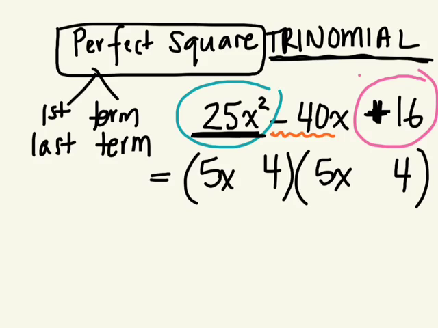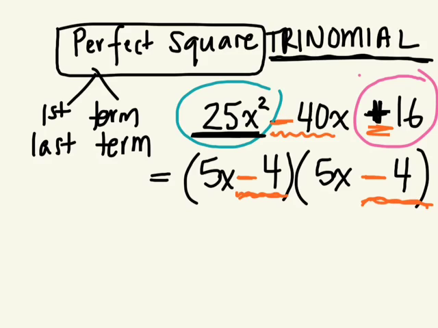Negative. Whatever sign the middle term is, that's what sign you're going to put, because a negative 4 times a negative 4 is positive 16. When we expand this, if you take a negative and you subtract a negative, the result will be a negative. Okay?